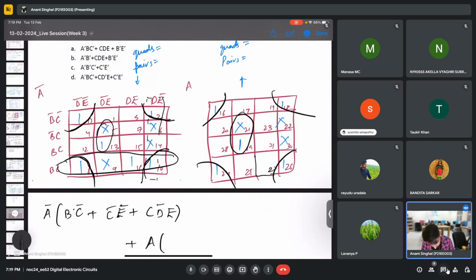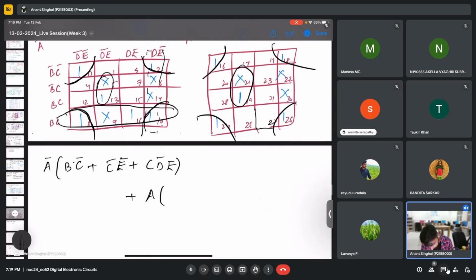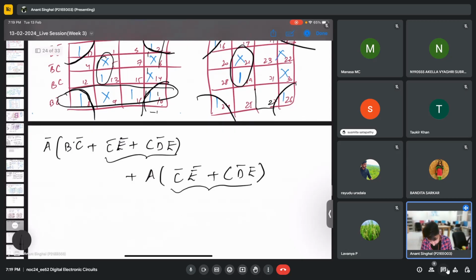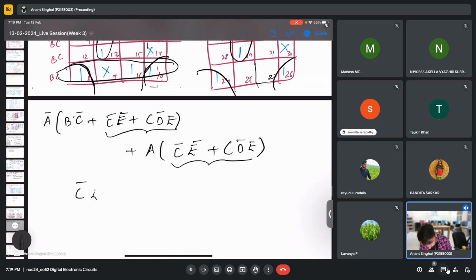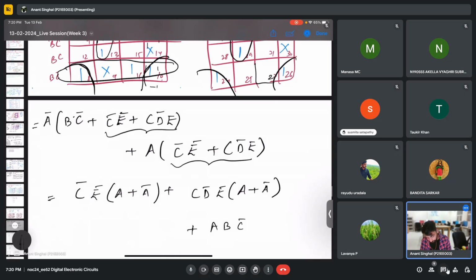So for the second term, it will be A times C complement E complement, and finally we have this particular thing which is C D complement E. So you can clearly see these two terms are the same. If I take common C complement E complement, the first term will give me A plus A complement. Similarly, C D complement E will give me A complement plus A, and the additional term is A B C complement. Is there any doubt in this? The way I have written it?